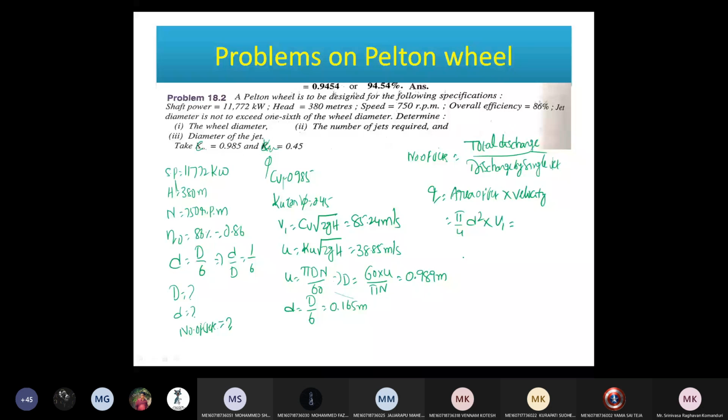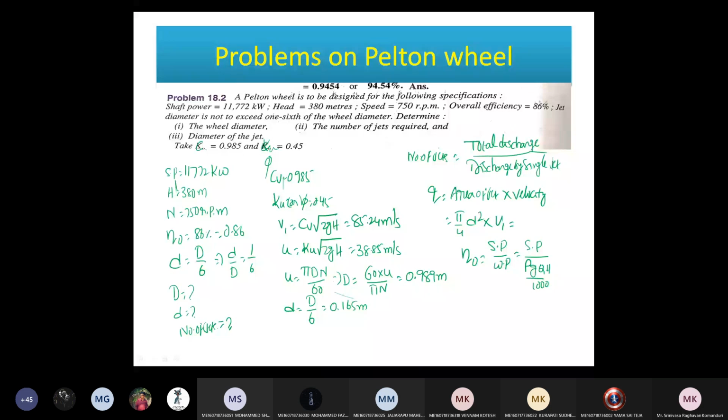So how to find out total discharge? They have given overall efficiency. Overall efficiency is shaft power by water power. Shaft power is already given. Water power is rho g Q H by 1000.